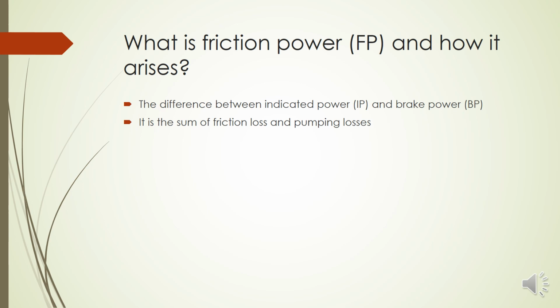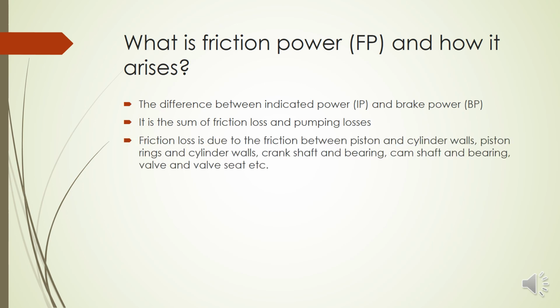Frictional power is the sum of two quantities, that is friction loss and pumping loss. So you might know what friction loss is. As you know, there are many components of the engine which are moving, so there will always be friction.